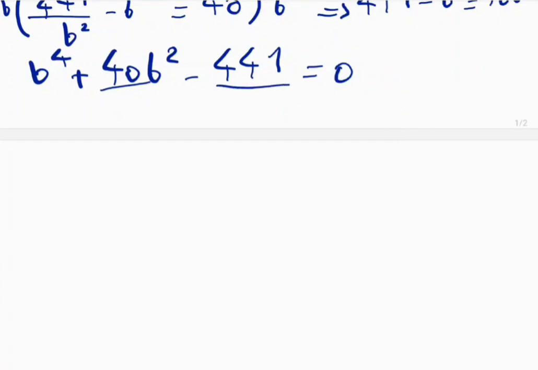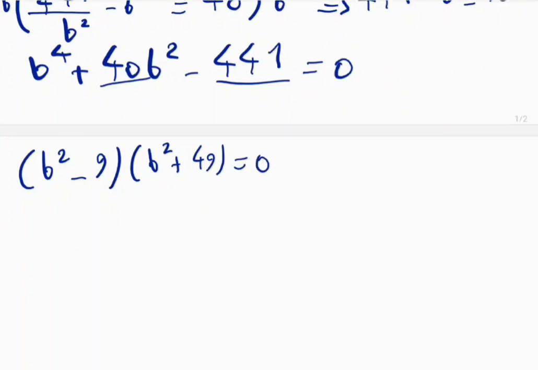And for this bit, if we multiply minus 9 by 49, we will get minus 441. Be careful here, it is b squared, not b, because the original one is b to the power of 4. So b squared minus 9 times b squared plus 49 is equal to 0.